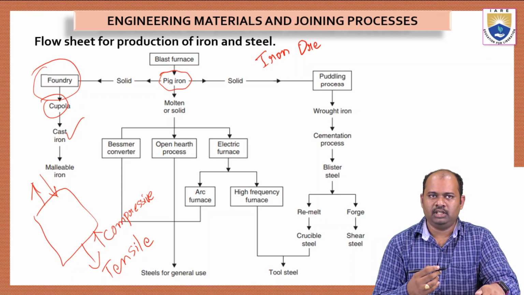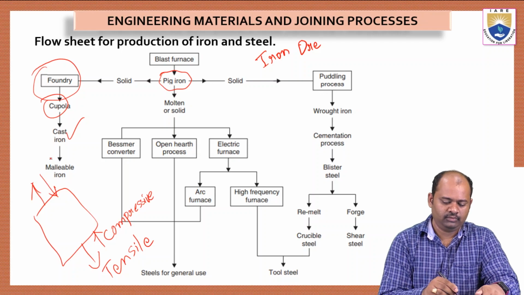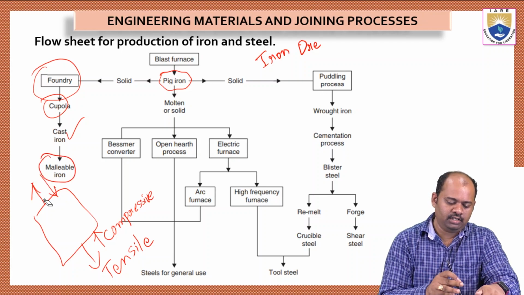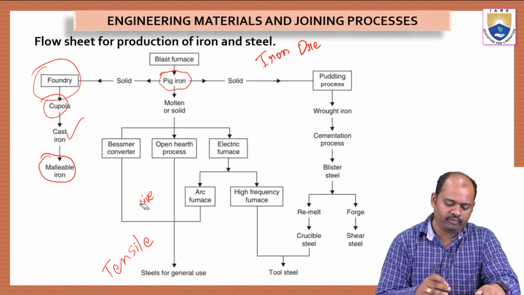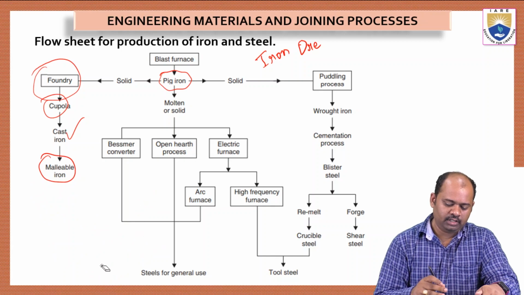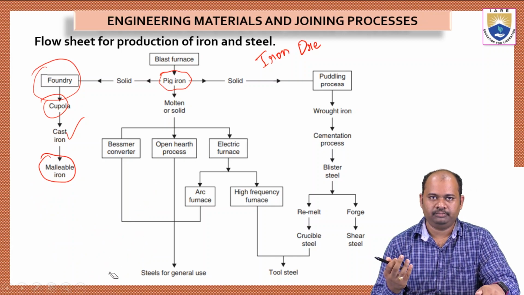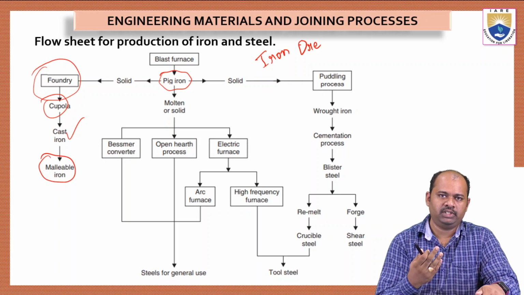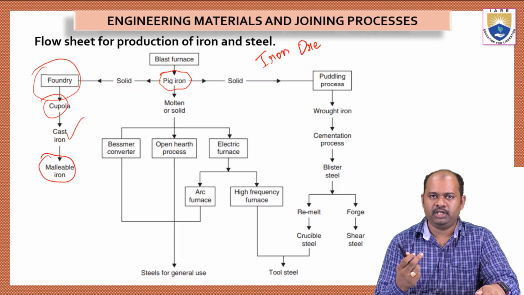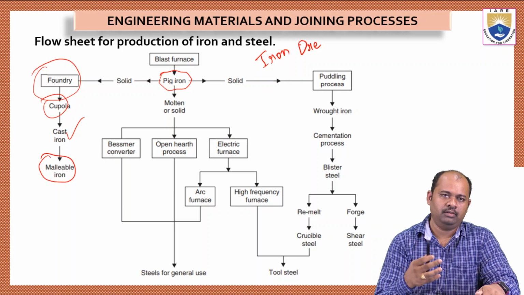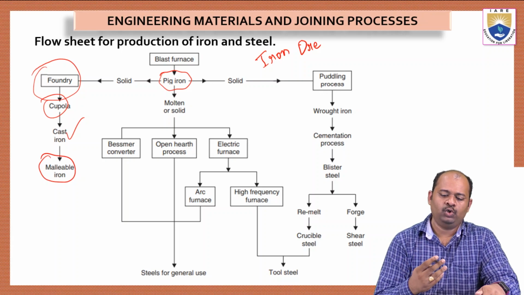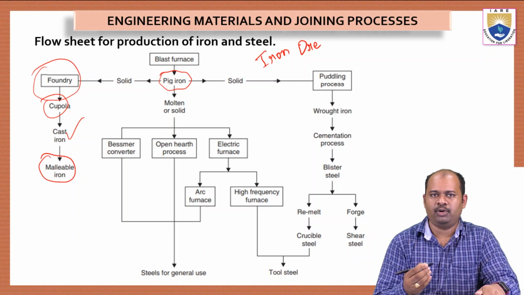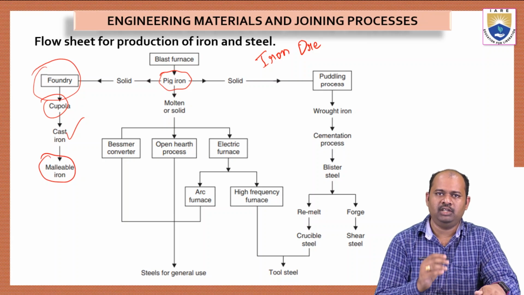And after processing, we will get malleable iron. See here, this is malleable iron, a different form of iron that exhibits completely different properties. We have seen in the previous lectures that there are multiple properties of metals. Engineering materials have different properties, and one of them is malleability.